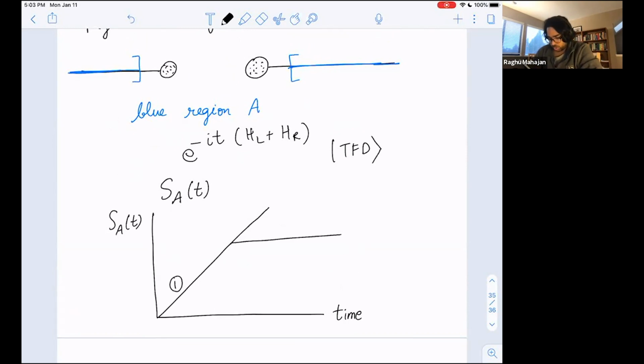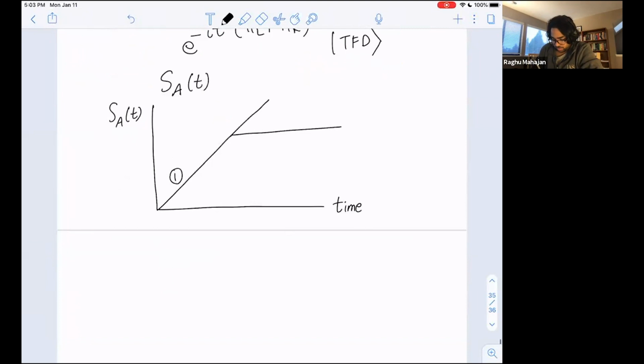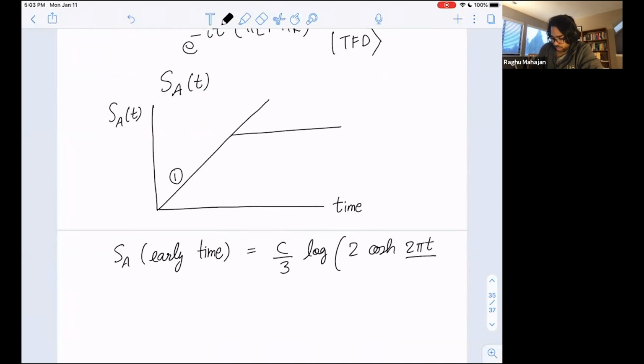Last time we computed curve 1, and we found that S_A at early time went like c over 3 log of 2 cosh of 2 pi t over beta. And essentially for times much greater than beta, this is c over 3 times 2 pi t over beta.